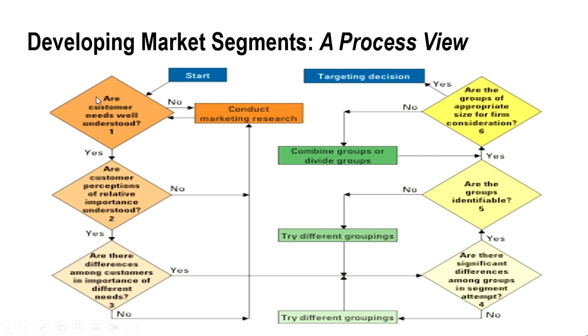If the customer needs are well understood, if the answer is yes, then we go to the next stage: are our customer perceptions of relative importance well understood? Again, if it is no, then you go back to the market research stage. If it is yes, then you go forward.